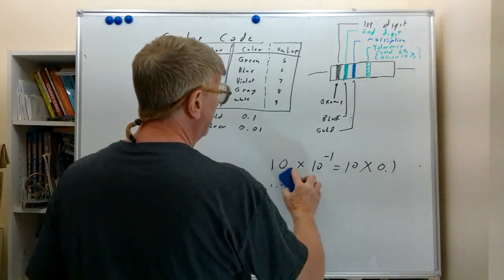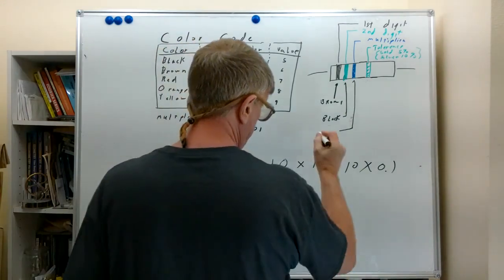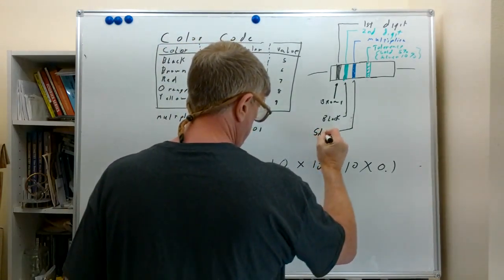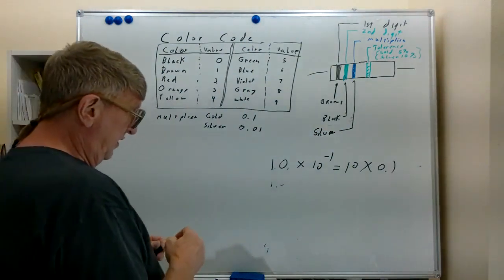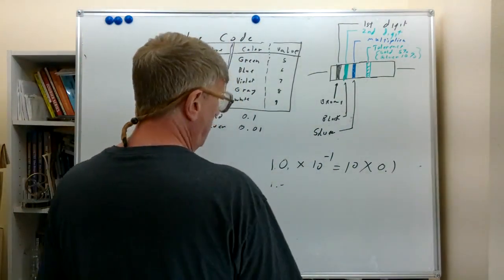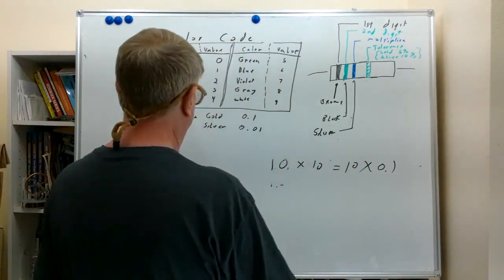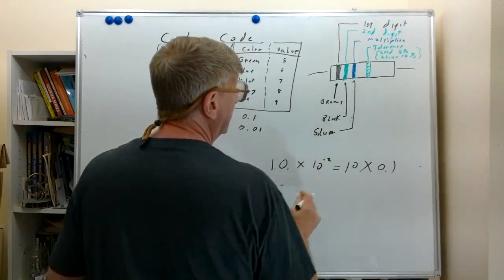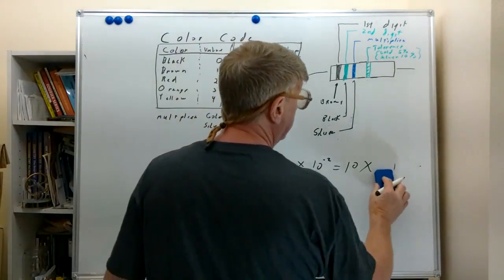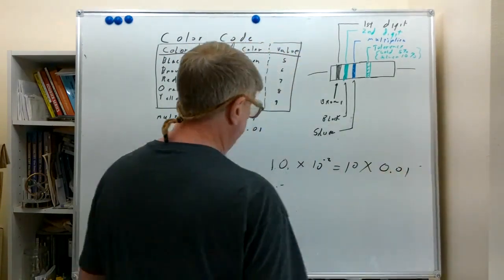With the same color, except for now this is silver. Silver is a 100th. So if we took the 1.0 and we said we're going to multiply this, silver would be like 10 to the minus second, which would be 10 times 0.01.